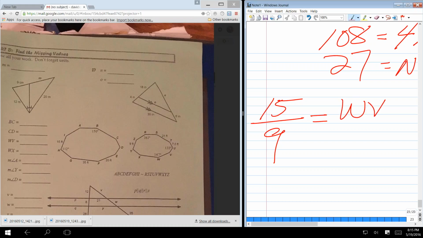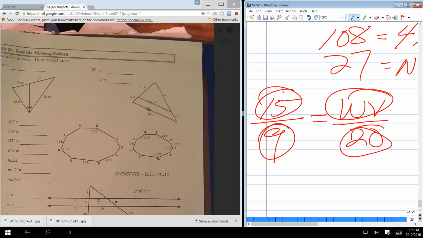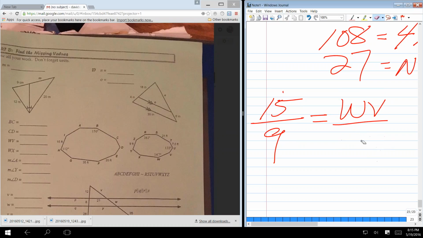If I do this, I've got it wrong. Big over little makes a big difference, and you're going to get the wrong answer if you switch them up. The big side is 20. The unknown side, the little side, is WV.